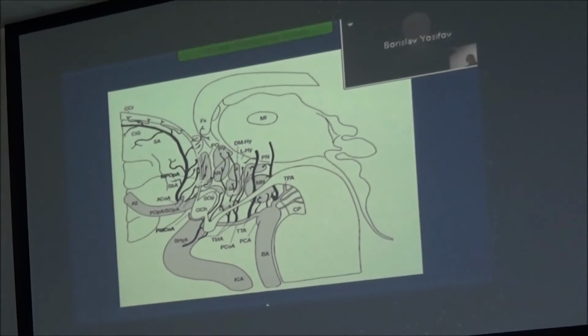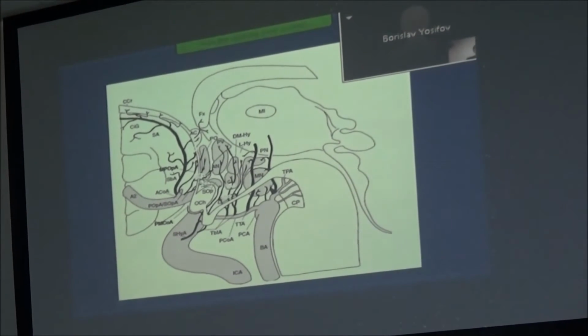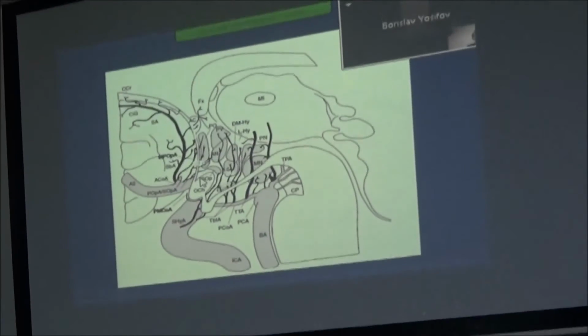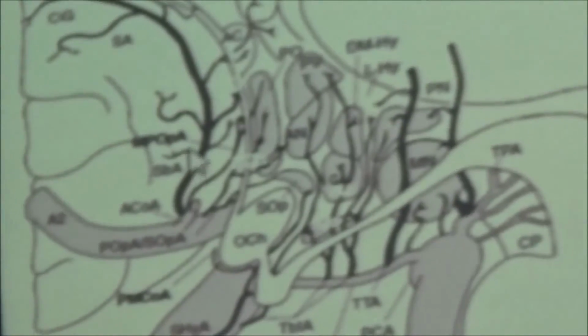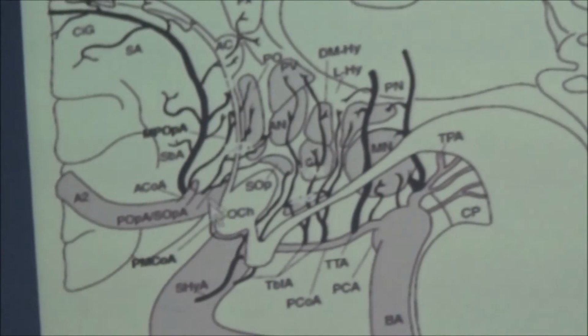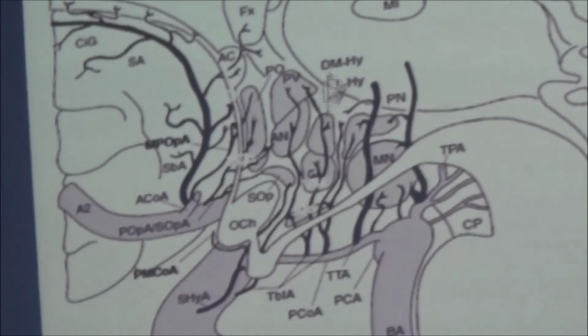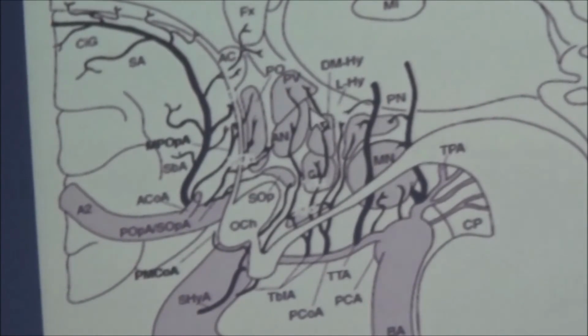I'm not going to go into the details of this photo about the hypothalamic arteries. What you should know is that the ACoM gives up the subcallosal arteries, and obviously then arteries here out, like the median perioptic artery or arteries for all the nuclei of the hypothalamus.